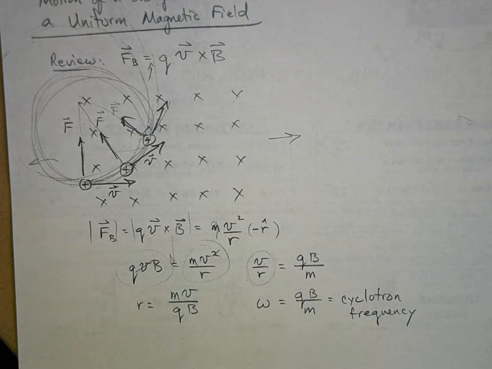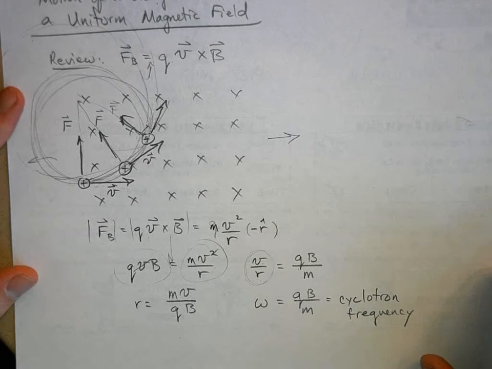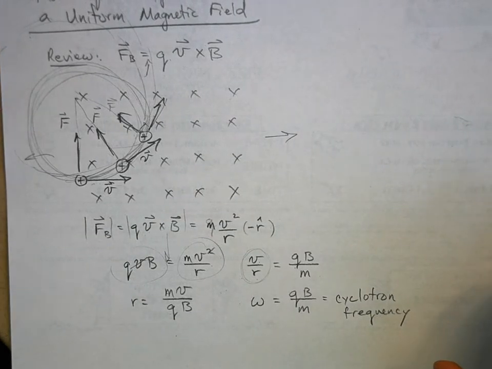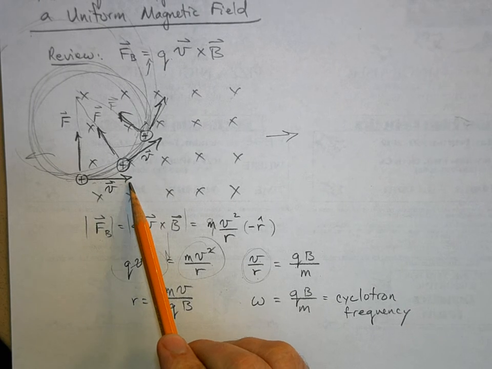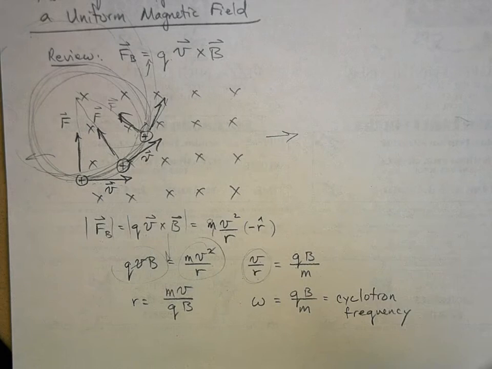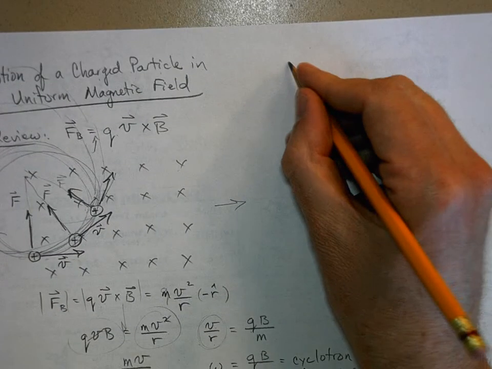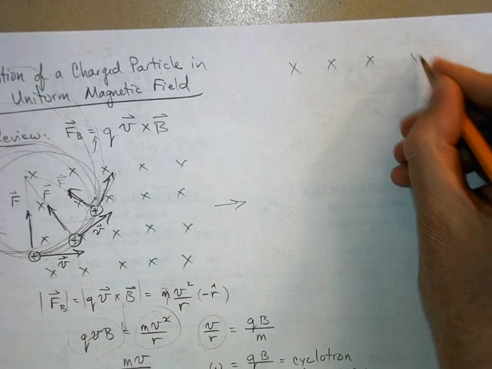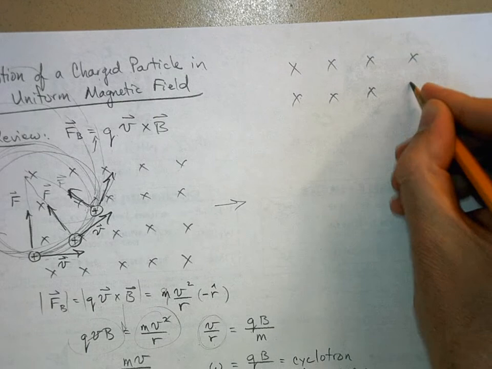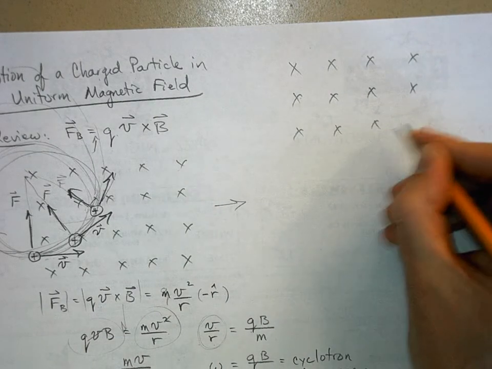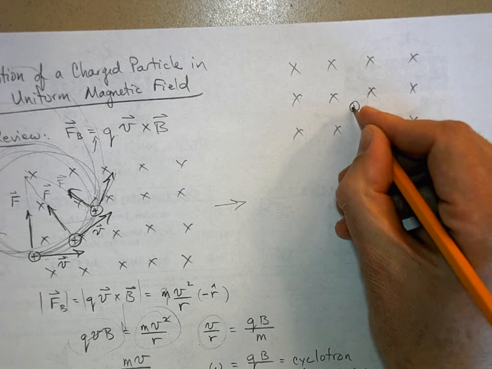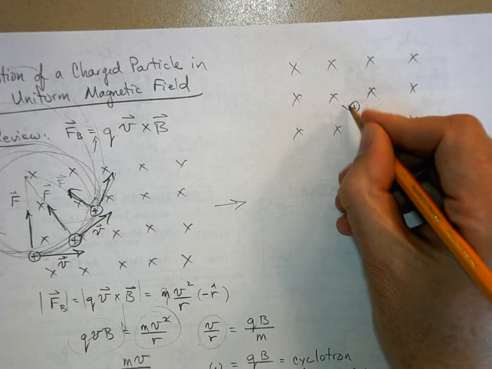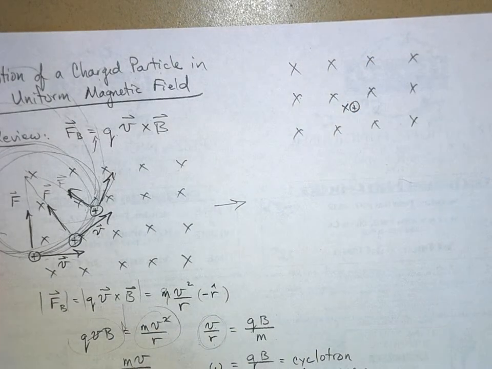Now, the last thing I want to talk about is what happens if the velocity is not perpendicular to the magnetic field. Well, first of all, let's take a look at this ridiculous situation. What if I shoot my charged particle and the velocity is just into the paper as well?